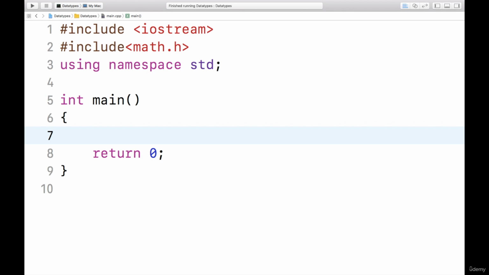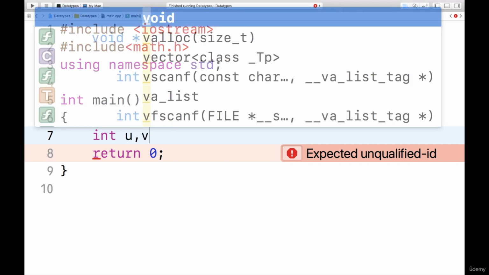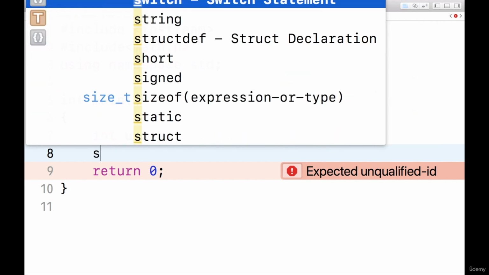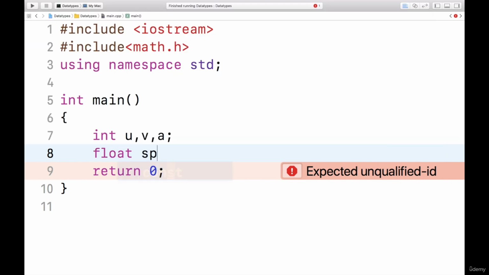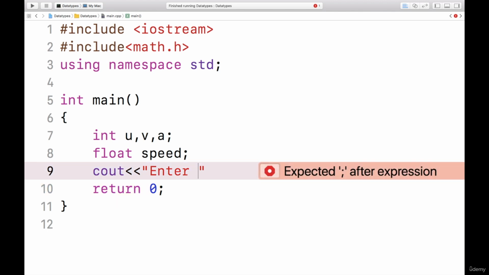Now let us write a program for finding the speed. I'll take initial velocity, that is u, and final velocity, that is v, and a as acceleration, and the speed I may get as a float value, so I will declare it as float. Then cout, enter 3 numbers, for initial velocity, final velocity and acceleration.